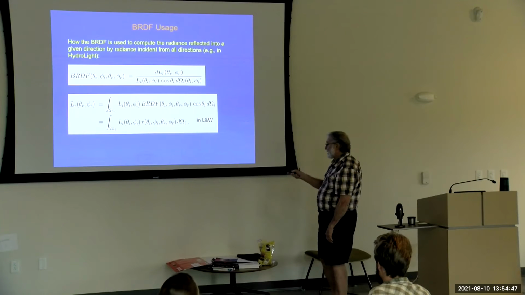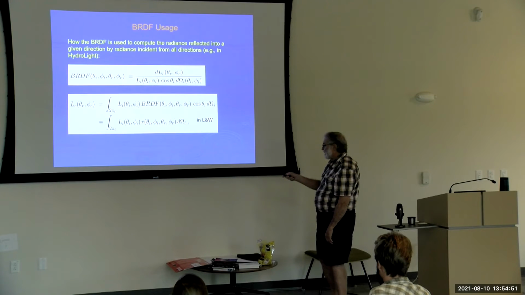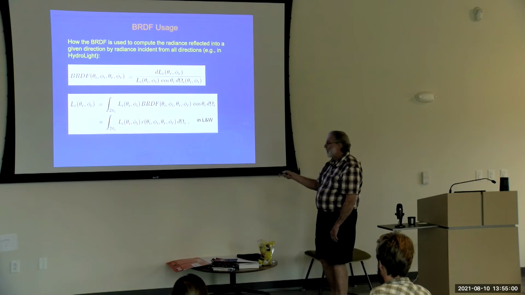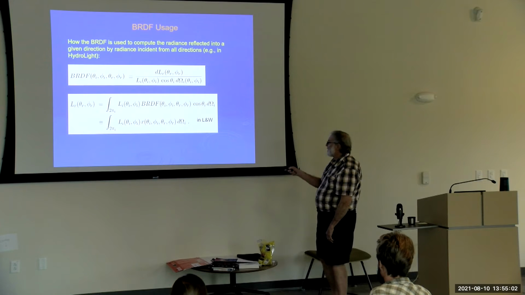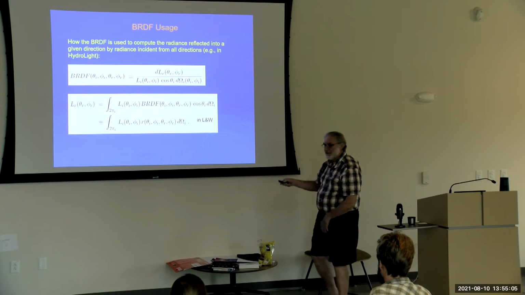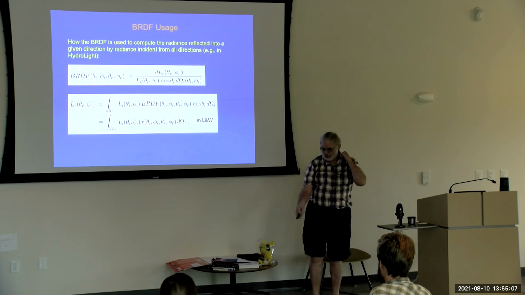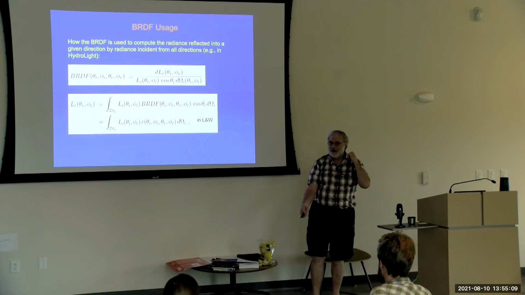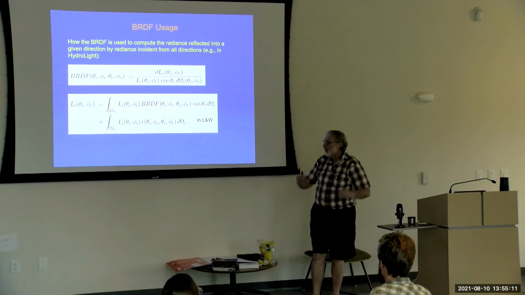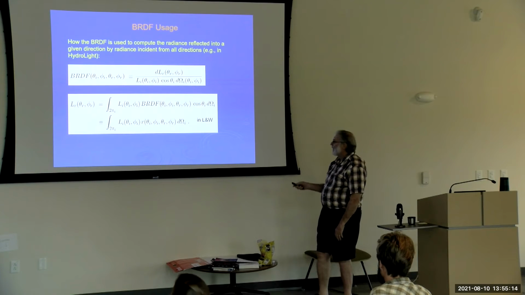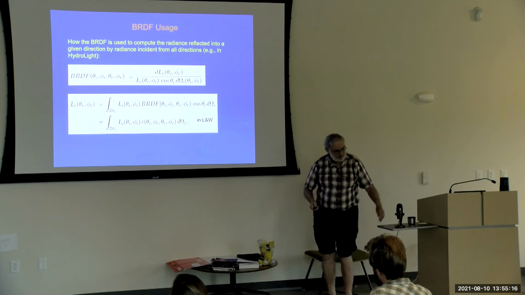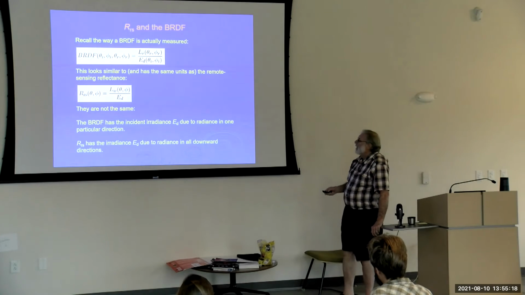From another incident direction with that radiance, the BRDF tells me how much is reflected, and so on. So the reflected radiance from the surface says take the incident radiance from all directions times the BRDF, integrated over all the incident directions, and that'll tell me the reflected radiance from that surface due to light coming from all directions. Okay, so that's the way it actually gets used in the theory.